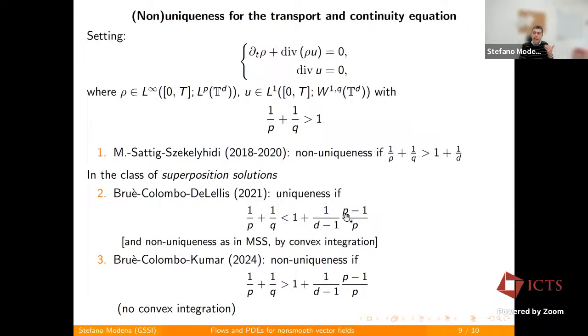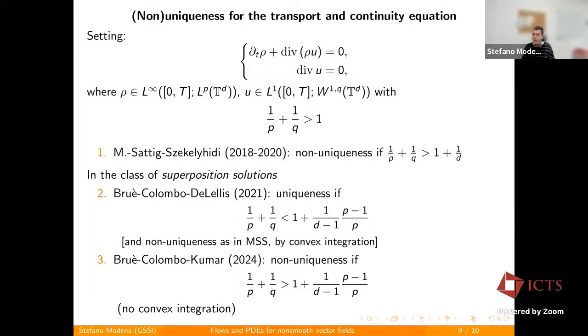So the question is whether there exists some weak solution in this intermediate range, between 1 and this exponent, which is not a superposition solution. This is open to the best of my knowledge.